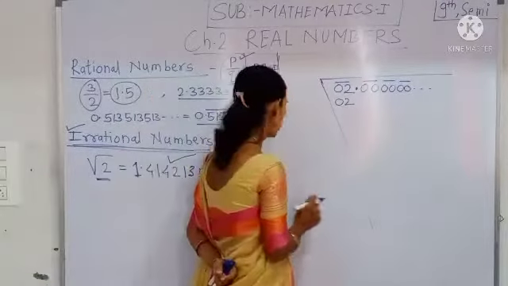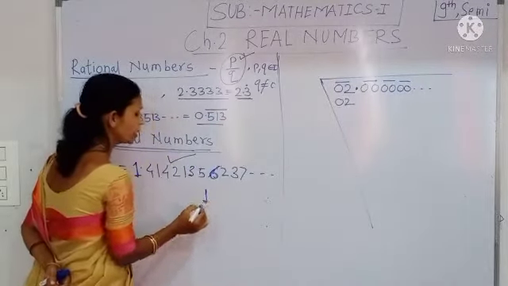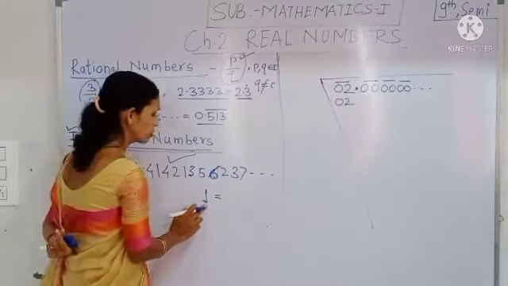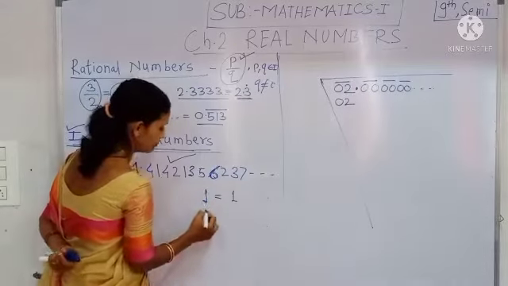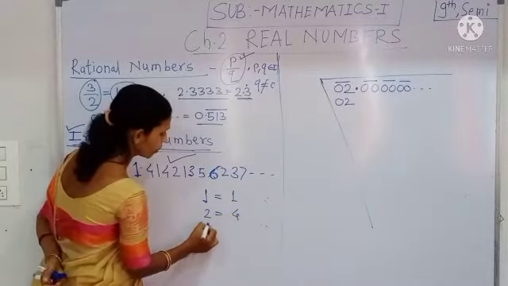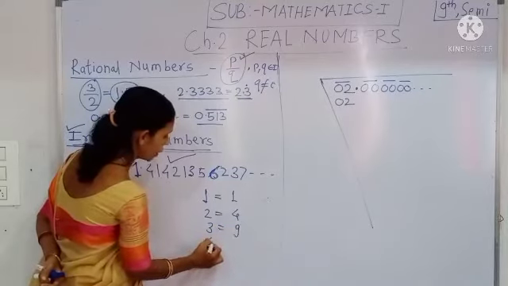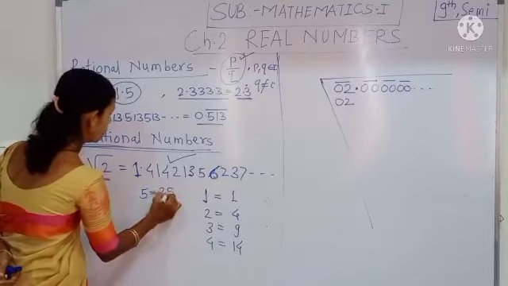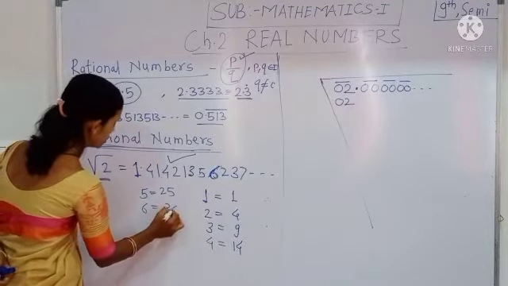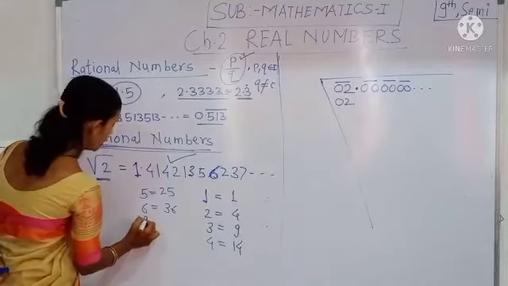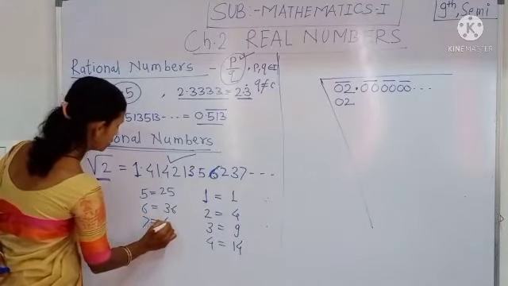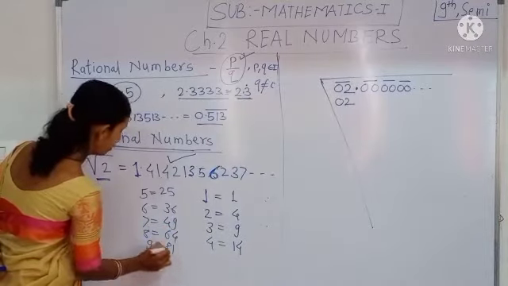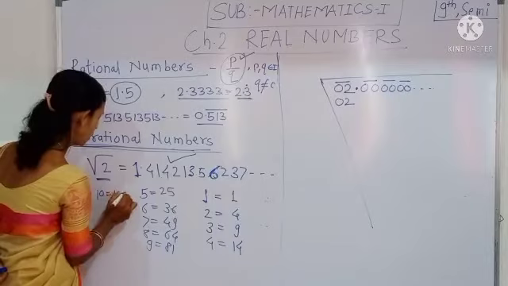Then we have to write or recall the squares of the natural numbers, that is 1 square 1, 2 square 4, square of 3 is 9, square of 4 is 16, square of 5 is 25, square of 6 is 36, square of 7 is 49, square of 8 is 64, square of 9 is 81, square of 10 is 100.